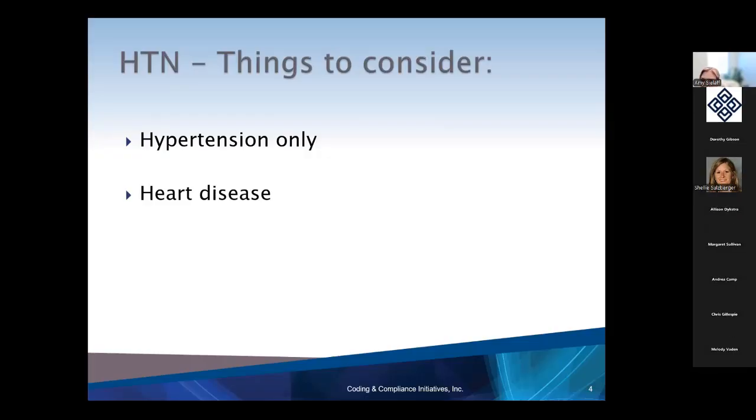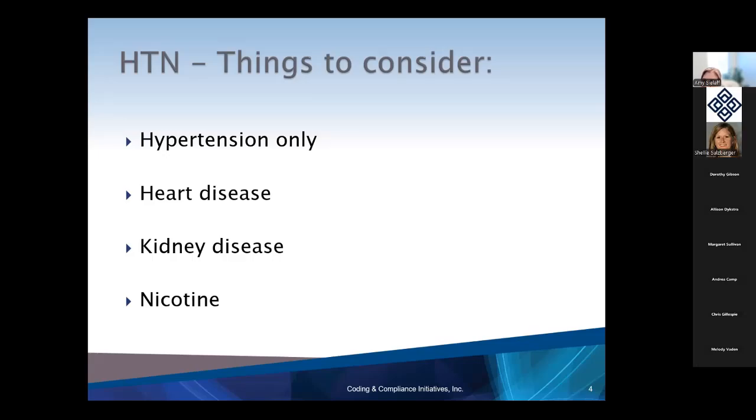So heart disease, kidney disease, do they have a tobacco abuse or nicotine dependence? Those are some of the things that we definitely want to start considering when we are coding for hypertension or when our patients are being seen for hypertension.